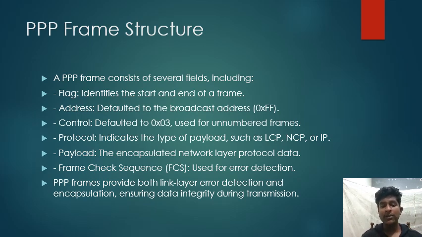Protocol indicates the type of payload, such as LCP, NCP, or IP. Payload is the encapsulated network layer protocol data. Frame check sequence, FCS, is used for error detection. PPP frames provide both link layer error detection and encapsulation, ensuring data integrity during transmission.